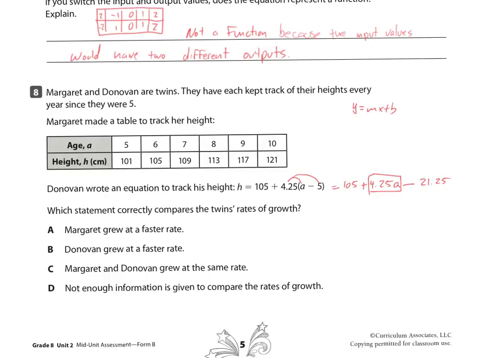So now your slope for this one is going to be 4.25. Now you need to compare the slope of the growth right here, and when you do all the work, which I'm not going to do in this case, you're going to see that the rate of change is going to be 4. So the rate of change for Donovan is actually larger than Margaret, so that's going to be B as your correct answer.